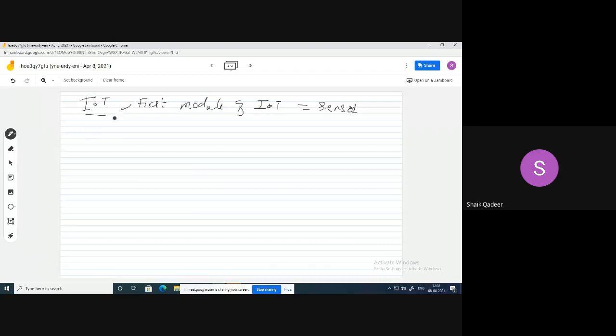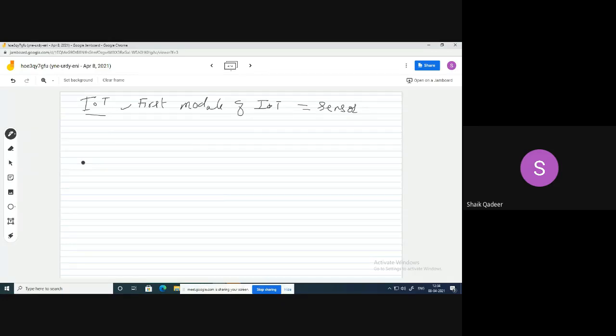What is IoT? Internet of Things. You are trying to connect anything to the internet. In order to connect anything to the internet, definitely there will be a use of a sensor in that. Without that, there is no concept of connecting a thing to the internet.